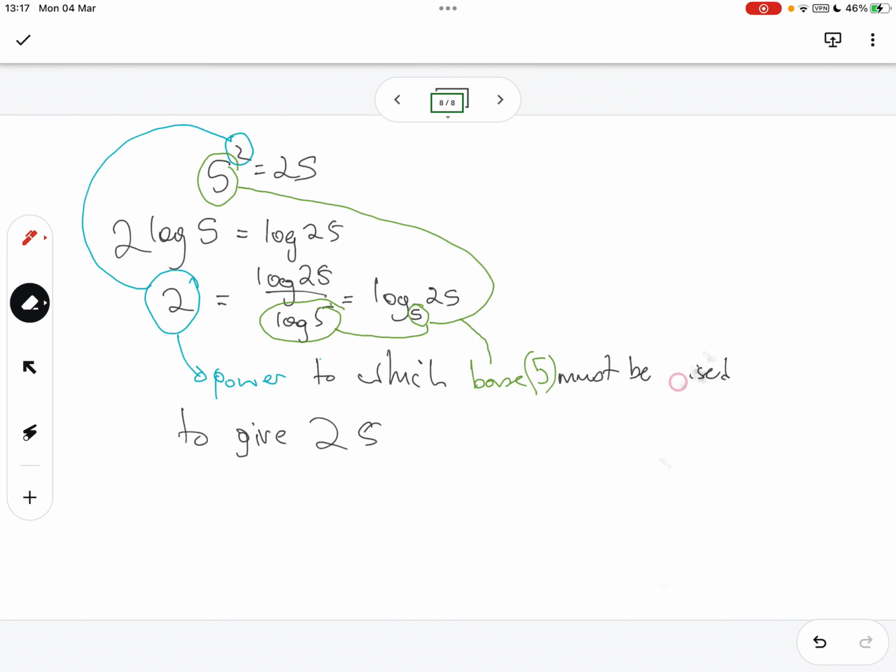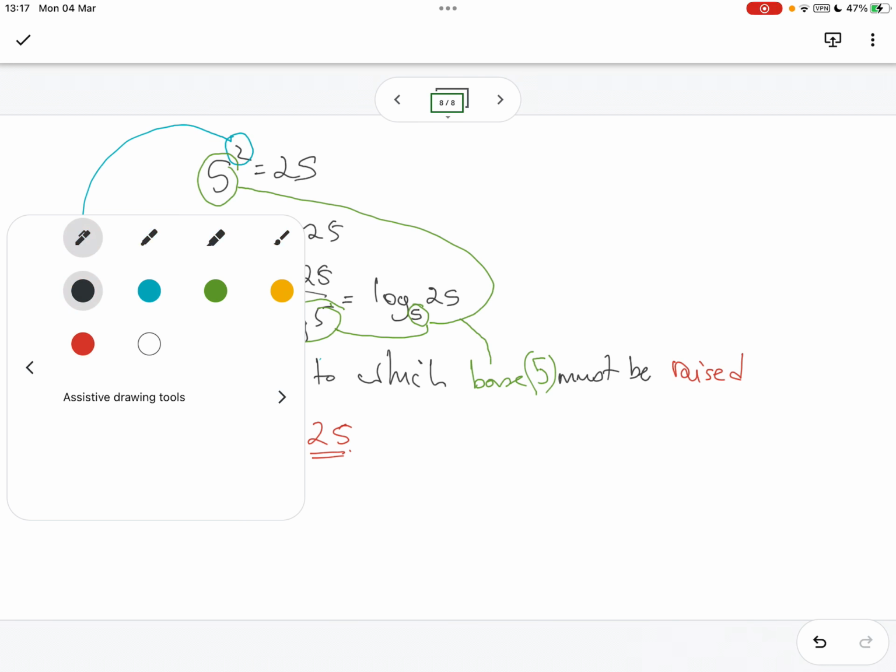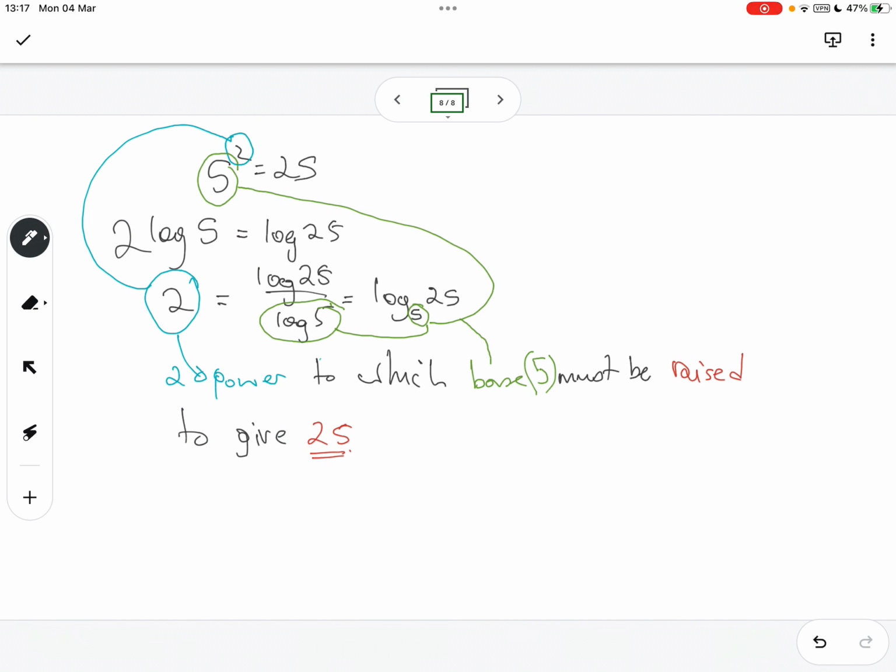So our base 5 must be raised to the power 2. Alright, so 2 is that power to which base 5 must be raised to give 25.